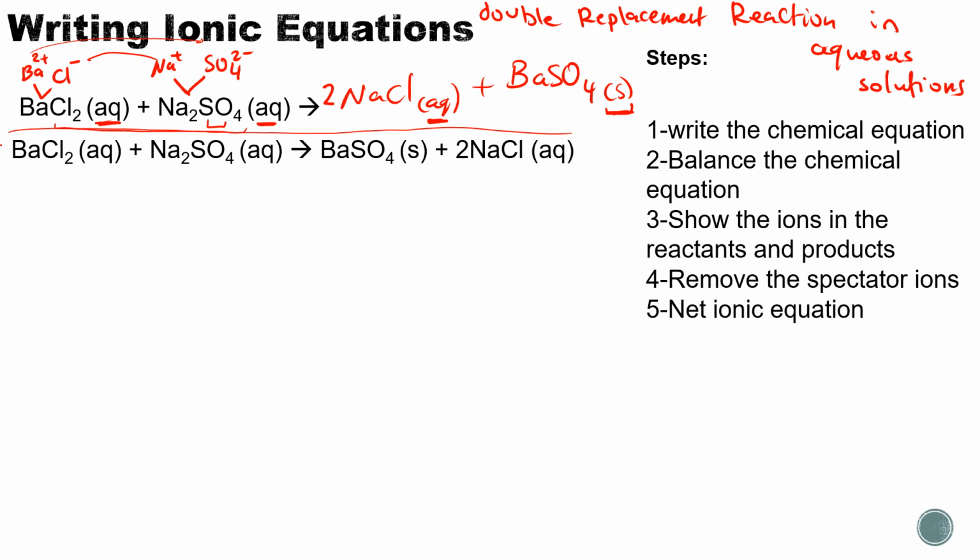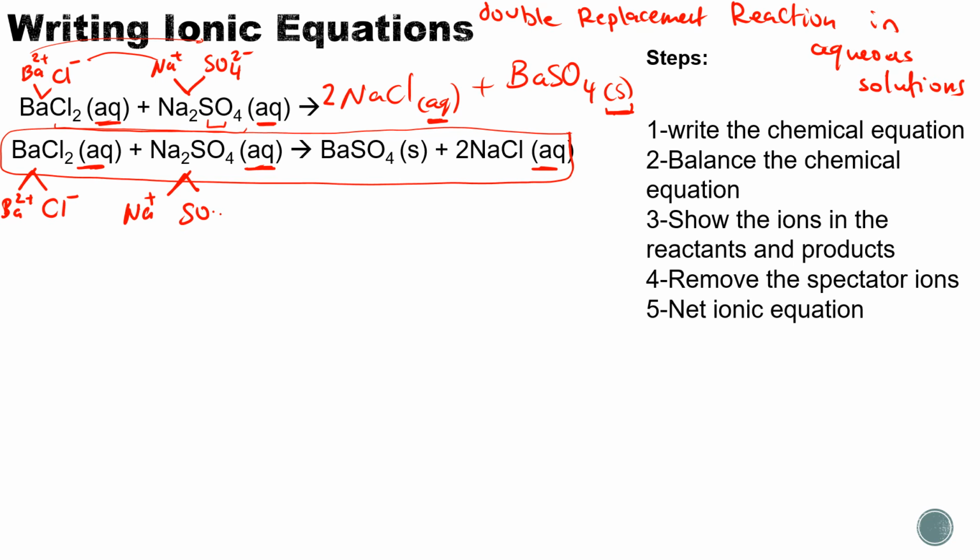We look at this equation. Look at anything that has AQ. Anything that has AQ, I need to break it down into positive and negative ions. Okay? Anything that has AQ, I'll break it down into positive and negative ions.